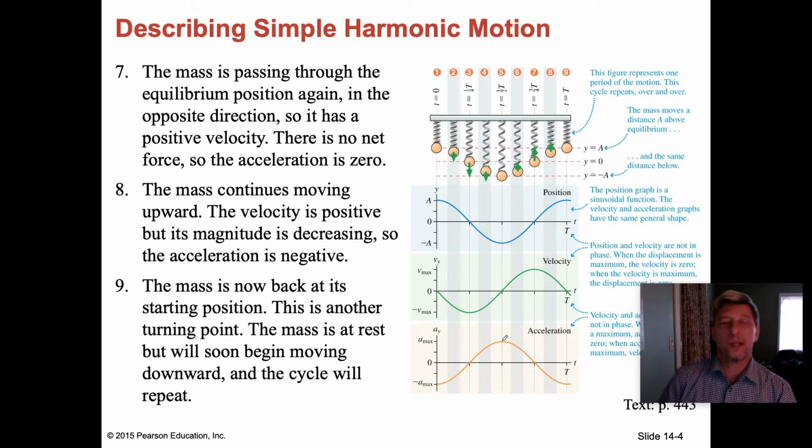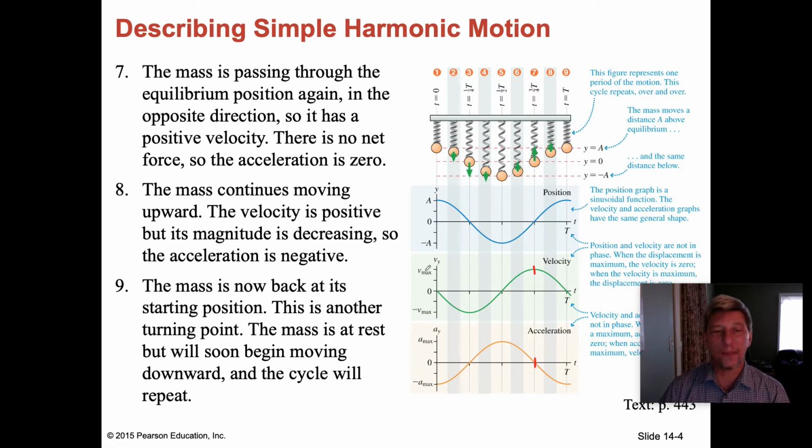The mass is at step 7. The mass is passing through the equilibrium position again, but in the opposite direction. So it has a positive velocity. You can see that right here. But the acceleration is flipping from positive to negative, and so therefore it's 0.